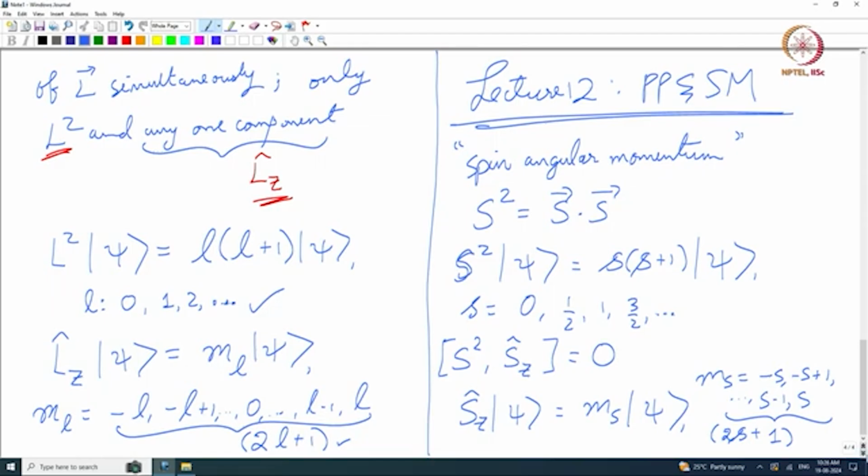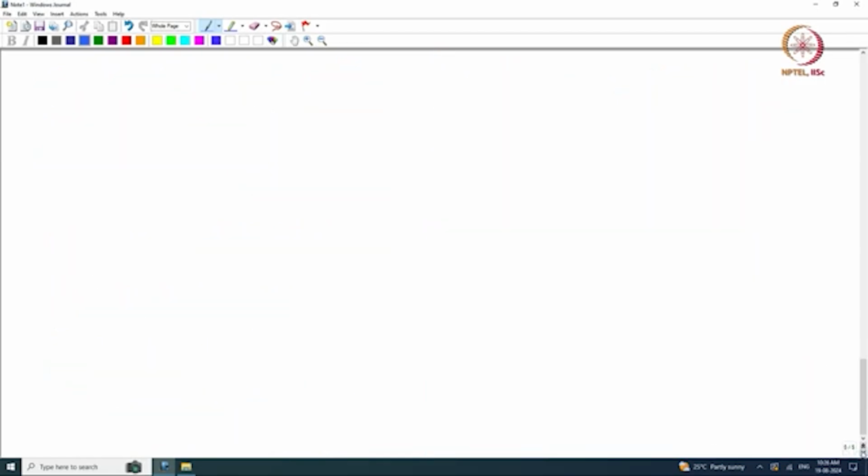Now I have been saying throughout the course so far that fermions are spin half, bosons are spin 0 or spin 1 and so on, right. And you have probably taken it for granted as well, you must have heard this as well, correct? But there are a couple of counterintuitive things here that we just take for granted.